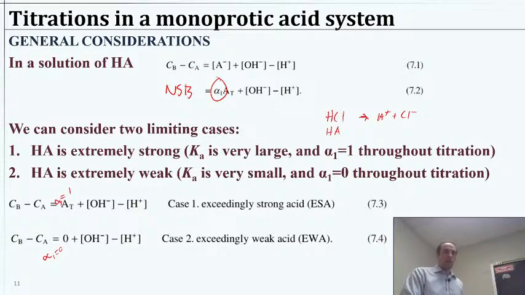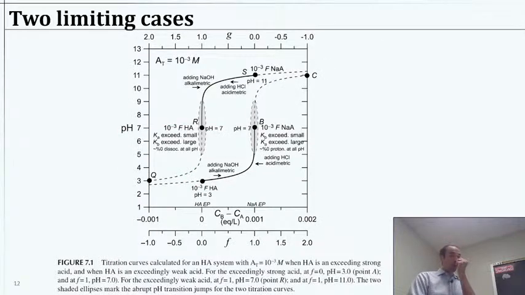By the way, under this condition, when Cb minus Ca is 0, H plus is equal to OH minus, right? That calls back to what we were talking about earlier. So we can plot these two cases, and it should be case 1 on the left and case 2 on the right.